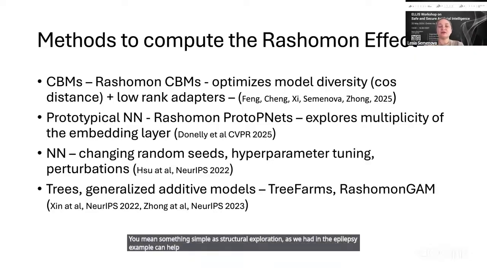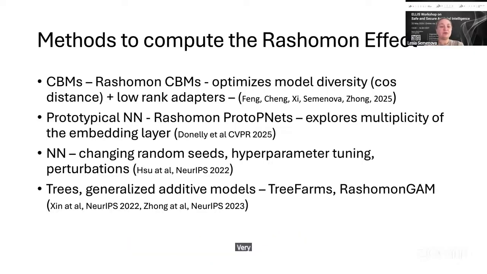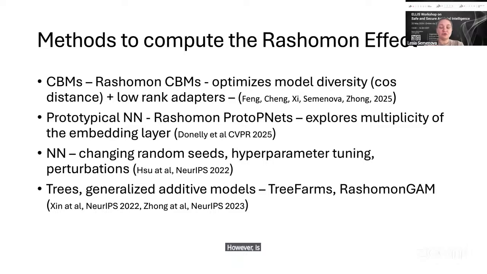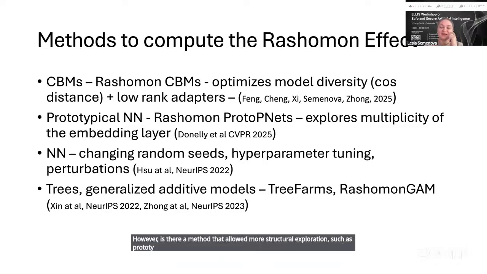Simply by changing the random seed, we can already sample models from the Rashomon set. Very often we do it during hyperparameter tuning. When we do a sweep of the hyperparameters, we would check our performance, and we already would form a Rashomon set. However, there are methods that allow more structural exploration, such as prototypical neural networks. So that's the one that we studied in the epilepsy example.